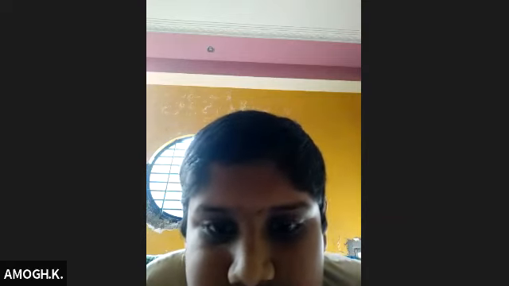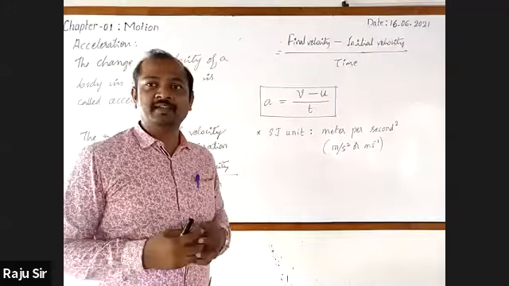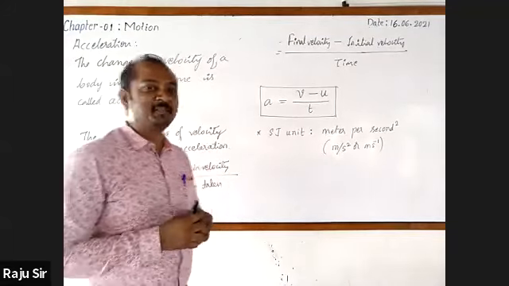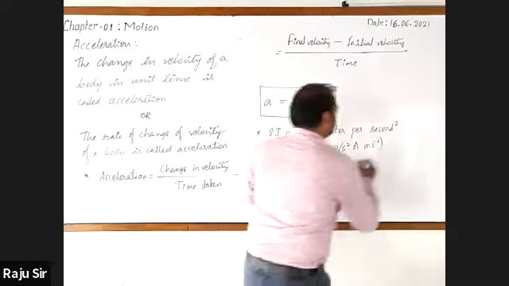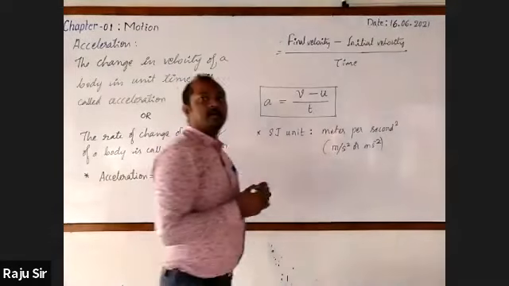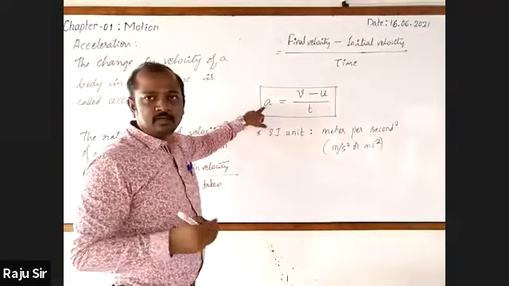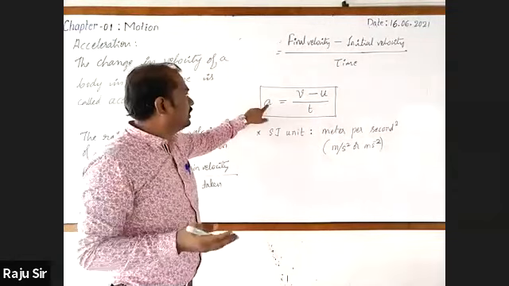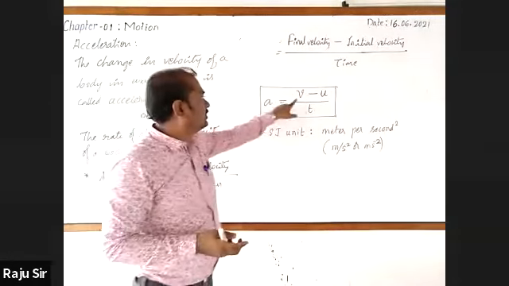Sir, a is equal to small v or big V, sir? Where is big V? Capital. Sir, m into s power minus 2, sir. Prithvi, you are asking something? No, there is no capital V here. Here only A, acceleration.